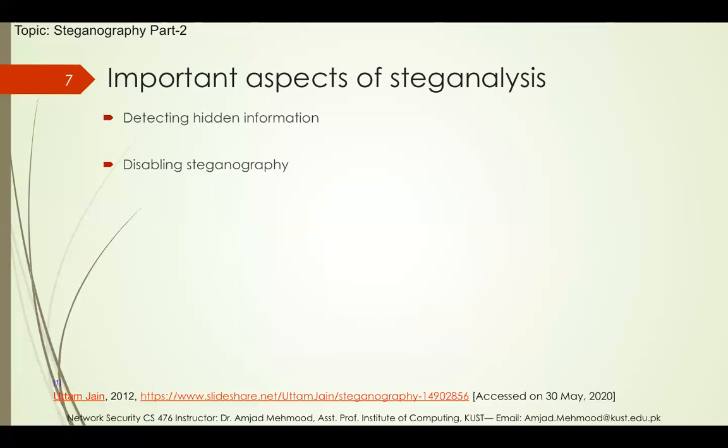There are two important aspects: detecting hidden information and disabling steganography. If he disables steganography, he can reveal your information and understand what you want to send to the receiver.